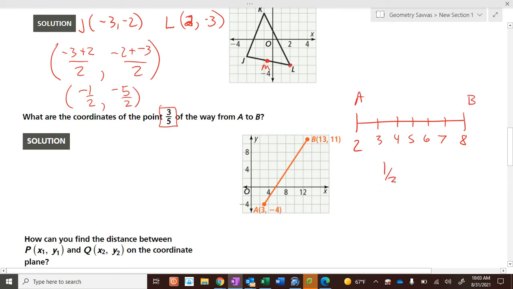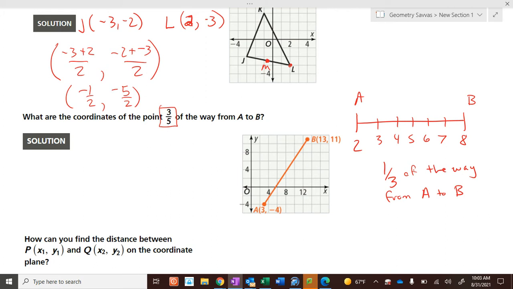What if I went, and this is A and this is B. If I said I want to go 1/3 of the way from A to B, I'm not looking for half, so I'm not adding it up and dividing by 2 anymore.